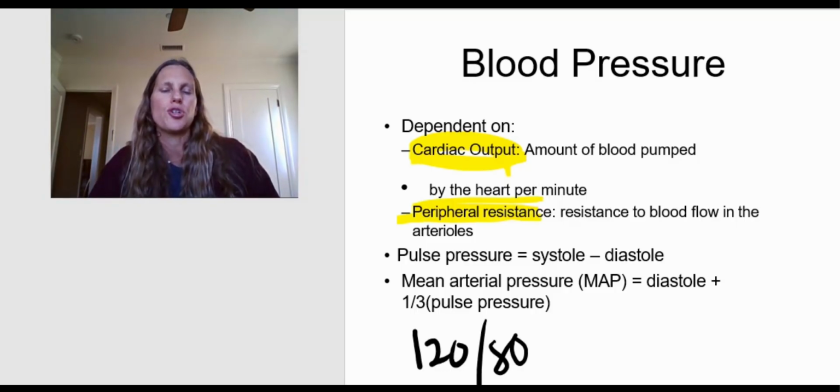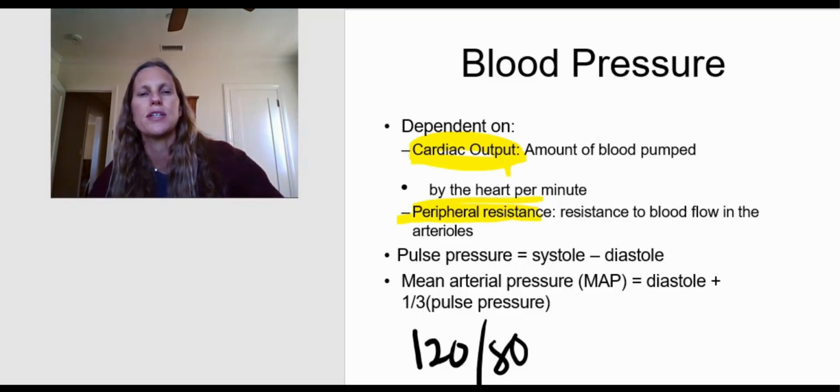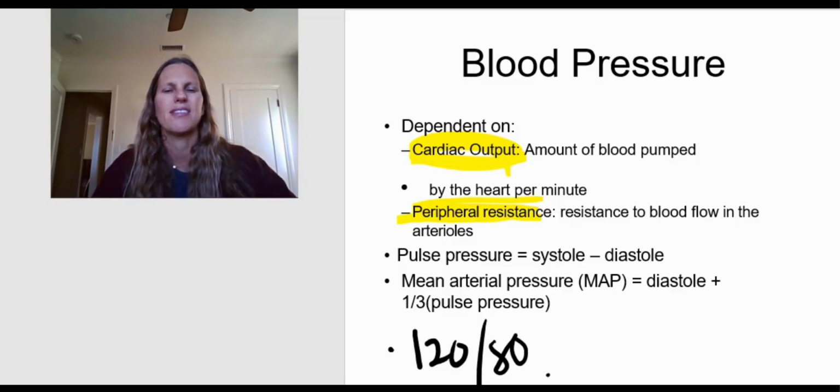That's what I was trying to say. 120 millimeters of mercury. And then when the heart goes into relaxation, the pressure that remains is the number on the bottom. So we oftentimes refer to this number as the systolic, and that's the diastolic. That's an easy way to think about it. You could get a little more complex there, but I don't think we need to.